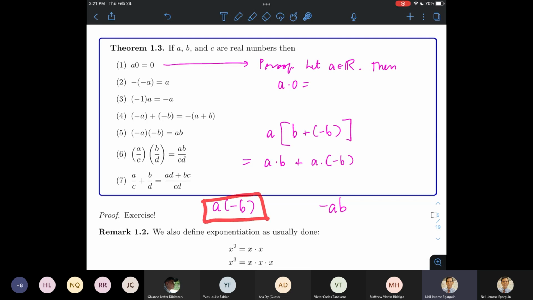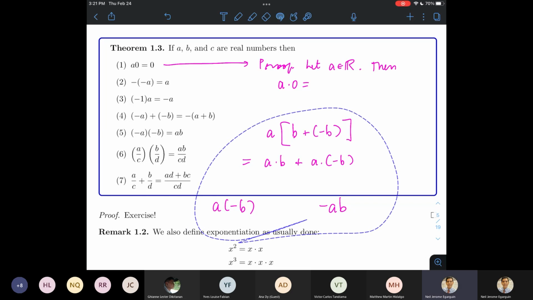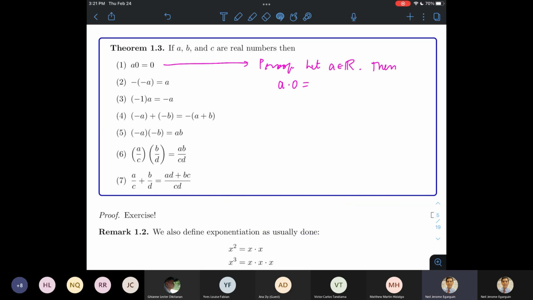Nag-multiply muna ako ng A at saka B, saka ko kinuha yung additive inverse niya. Ito, minumultiply ko si A sa additive inverse niya. So that's why you will really get stuck kapag ito yung ginamit natin sa proof.